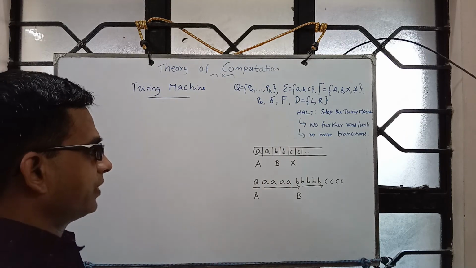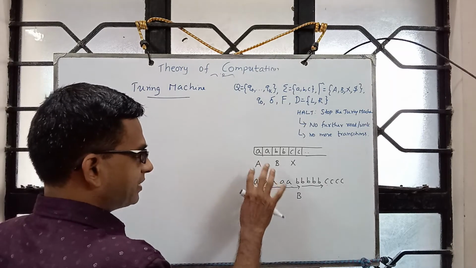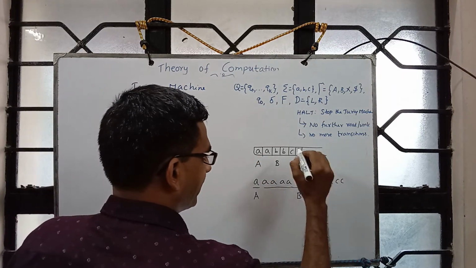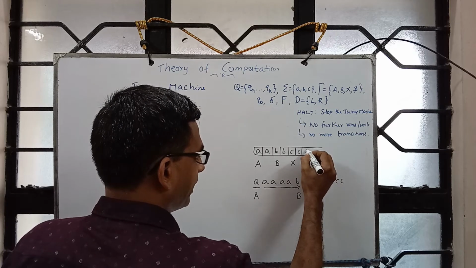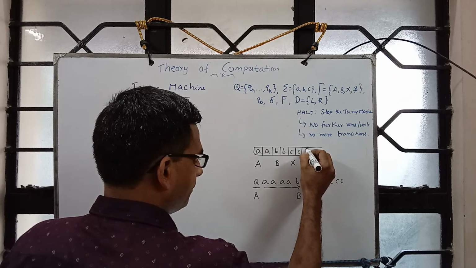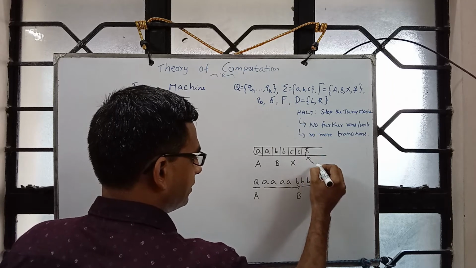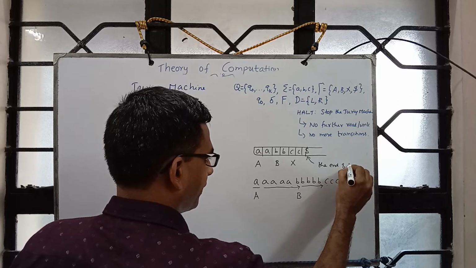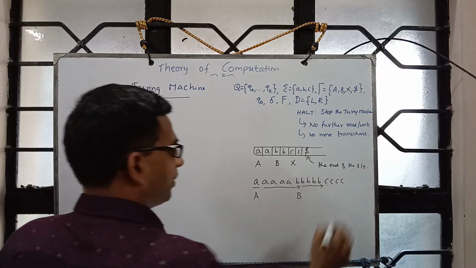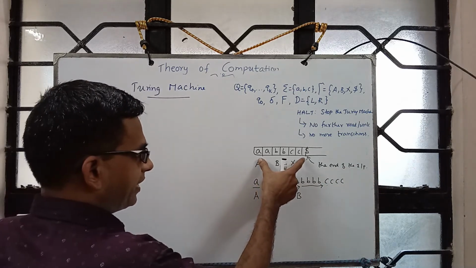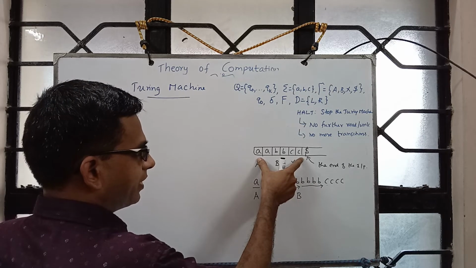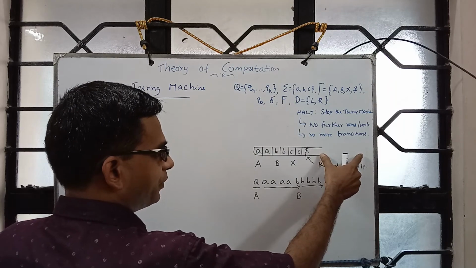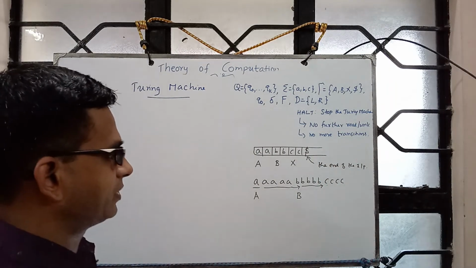In case you want to remember something, write something somewhere else, what you can do is, we usually have something called dollar, which will represent the end of the input. You can keep this as your working tape or input tape. To the right of dollar, you can use it for additional storage.